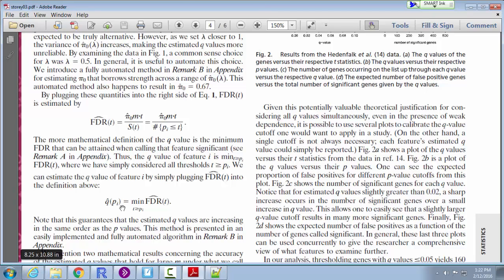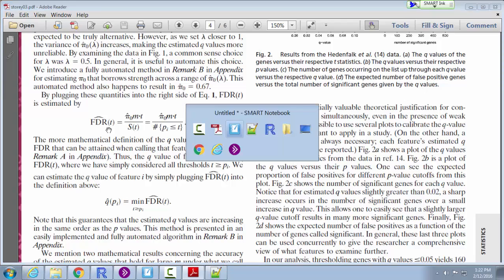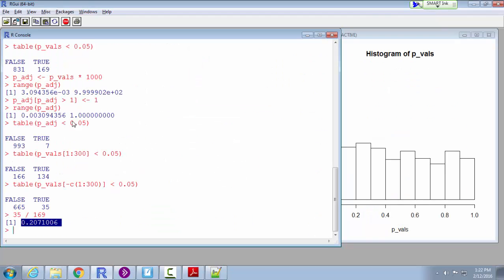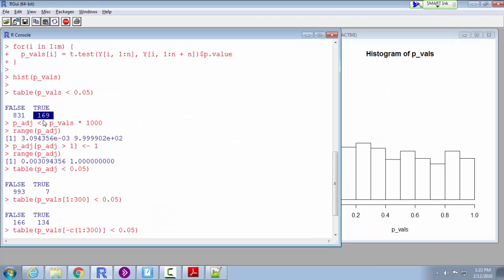So what I will show you in a second is we can go now feature by feature, 5,000 features, do a 2-sample t-test, get p-values, convert those p-values to a false discovery rate. So if I try at a p-value threshold of 0.05 and I get 169 features, I can estimate the false discovery rate for that 169.